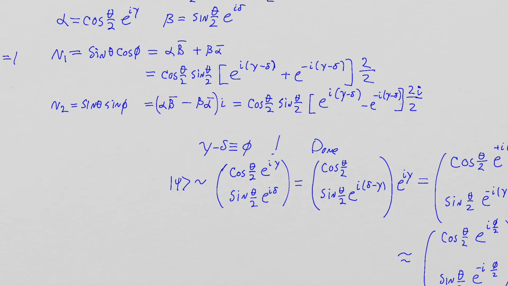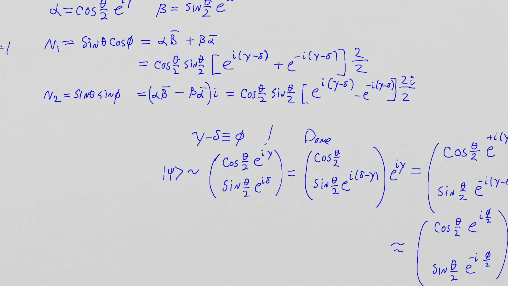Same thing, but now we have this i out front, and the difference between these exponentials. So this is going to be i times the sine of these two things.